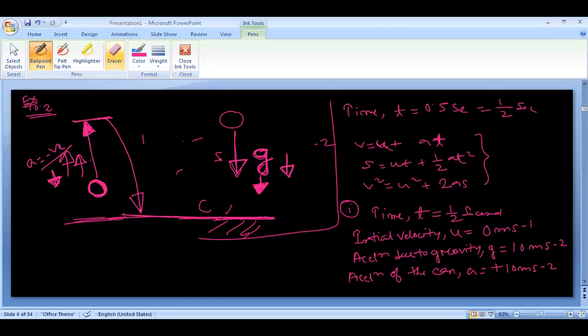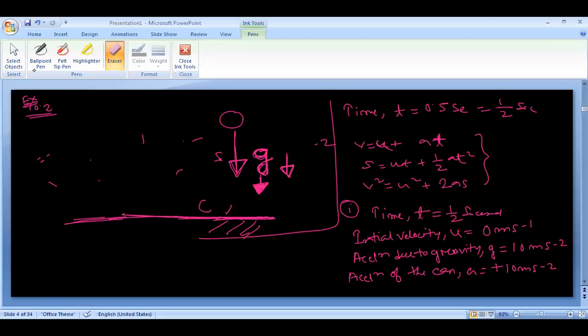Why am I taking it negative? Because whenever you throw a ball upward, the ball moves in the upward direction, but we know that the direction of the acceleration is always downward. So we take downward as positive and upward as negative.